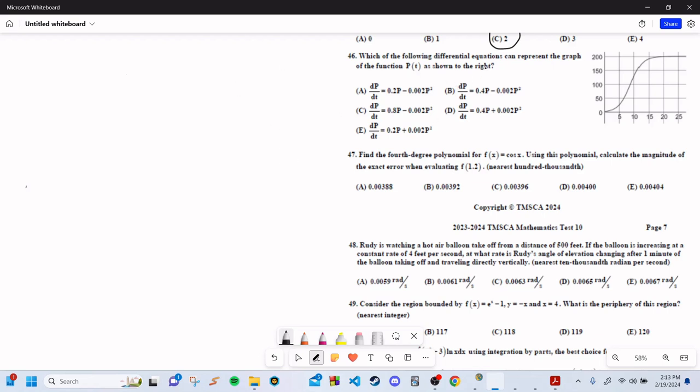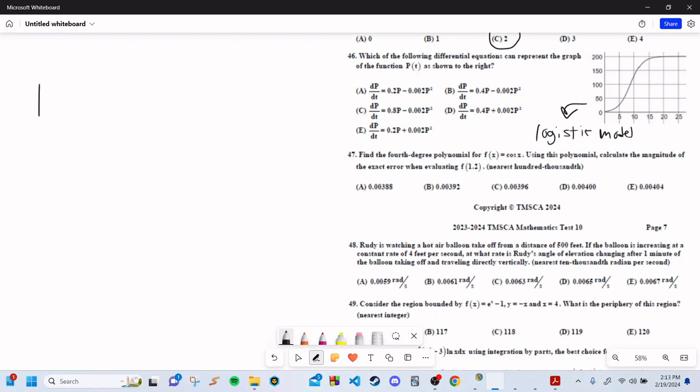So we've got this graph right here. This graph should already be signaling that this is a logistic model. Logistic models are characterized by looking like this, and then they flatline at some carrying capacity.